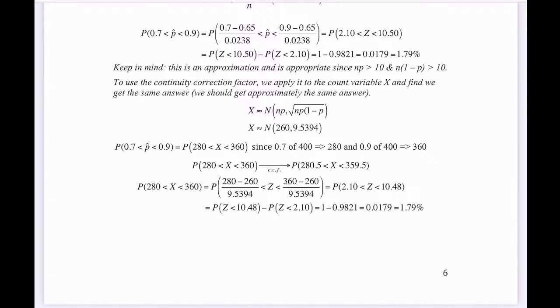And I think what I started to do here, maybe I didn't finish, is I showed you how to get the same answer if you use x, right? But this would be the correct answer. I just didn't finish answering it.